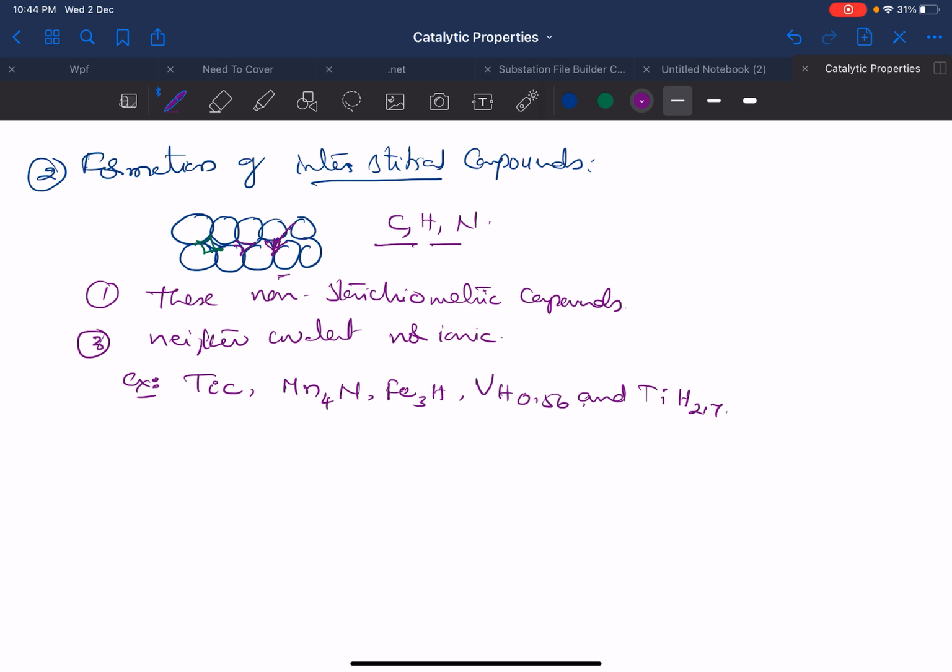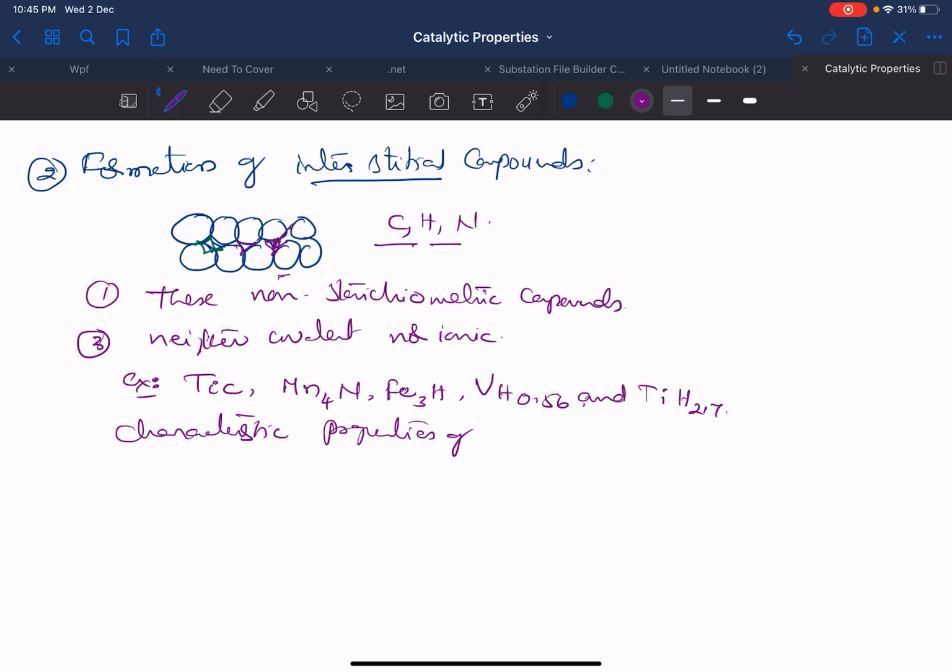That is the main important aspect of the interstitial compounds. They do not expect normal oxidation states because of their compositions, and their compounds are referred to as the interstitial compounds.